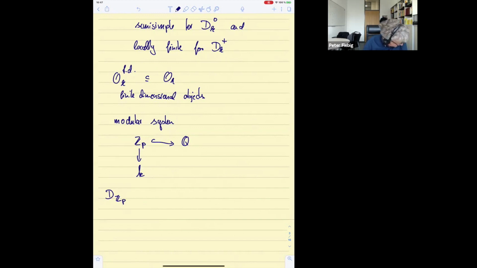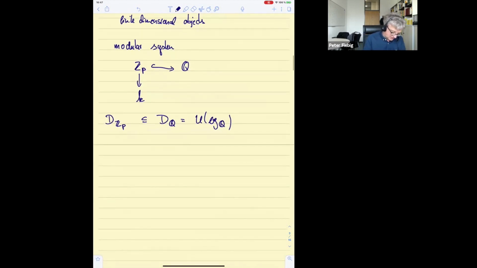You have this algebra D_{Z_p}, which sits inside D_Q, which, by the way, is the universal enveloping algebra of the Q version of G. So we can now consider also modules over D_{Z_p}. And the most interesting category, for me at least, to consider here is, well, I call it also category O.